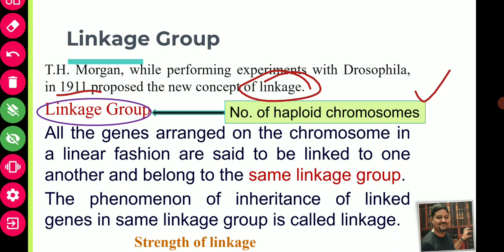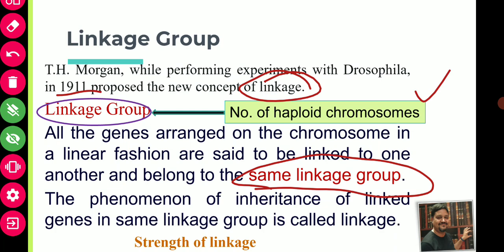Now, all the genes arranged on a chromosome in a linear fashion are said to be linked to one another and belong to the same linkage group. That is why the concept of linkage group came. All the genes present on a particular chromosome are said to be linked, and that chromosome will be called a linkage group.